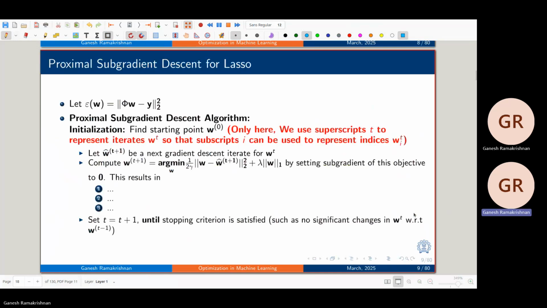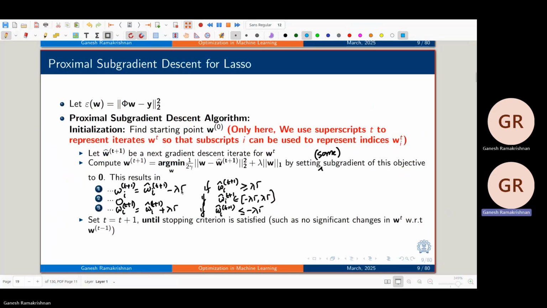Okay, so this gives us the final iterative soft thresholding algorithm for lasso. So now I've used W instead. Imagine I was trying to minimize the norm of W minus y squared plus lambda times the 1-norm of W. So I want to write down the steps. The steps are exactly this.